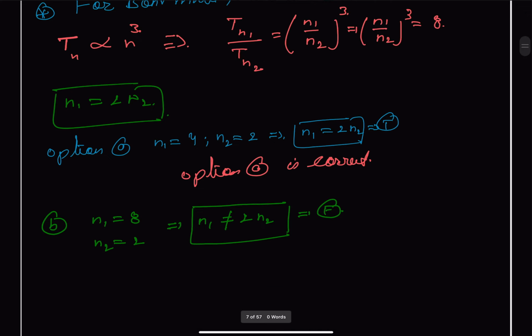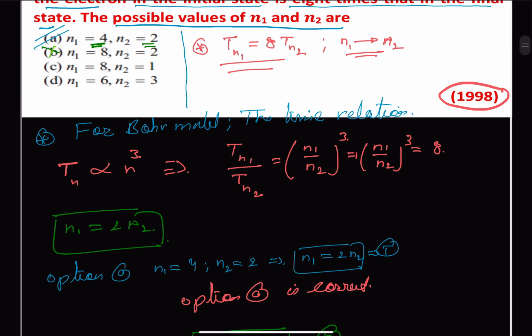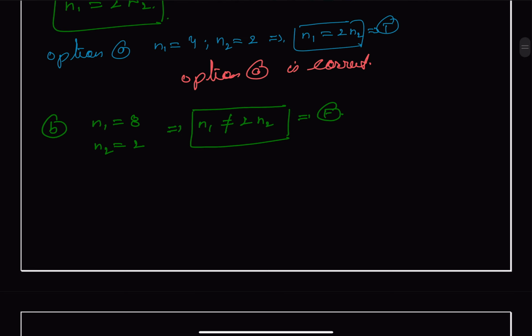So option B is incorrect. Option C gives us that n1 is 8 and n2 is 1. Similarly, n1 should be equal to 2 times n2, which is also incorrect. So this option is also false.